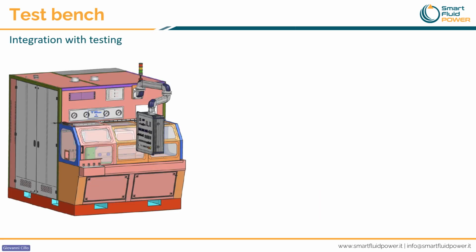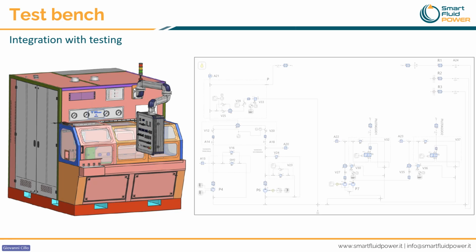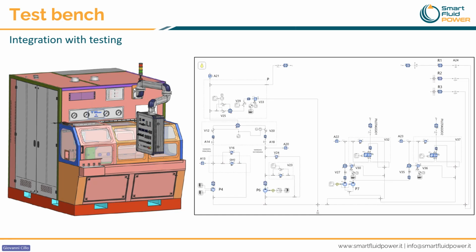As we move to the test bench, the next step is to model not only the valve itself, but also the experimental setup. The test bench becomes a detailed model in its own right, including real components, connections, and functionalities. This makes it possible to virtually reproduce the actual bench test for several purposes: predicting tests, reducing the number of physical tests required, and also improving test repeatability.